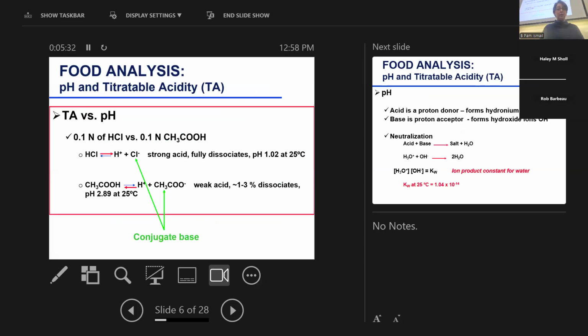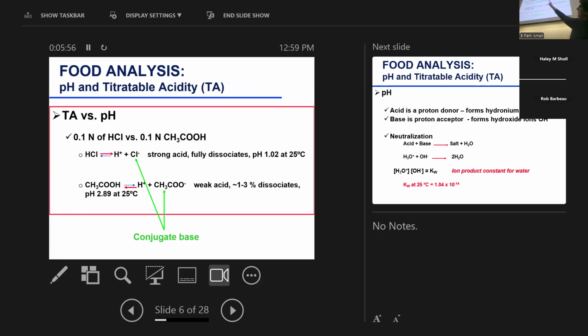All right. And here's a lot of what we talked about already. So here it's showing two different acids. This is HCl and acetic acid. HCl is a very strong acid. Acetic acid is an organic acid, not very strong.